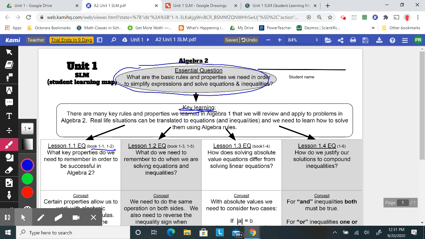Then lesson 1.3 is from the book 1.4, and our lesson 1.4 is from the book 1.6. So when you get your books, you can use the book as reference. But for now, just use the notes and anything we do and store into Schoology or the Get More Math skills we're going to use.